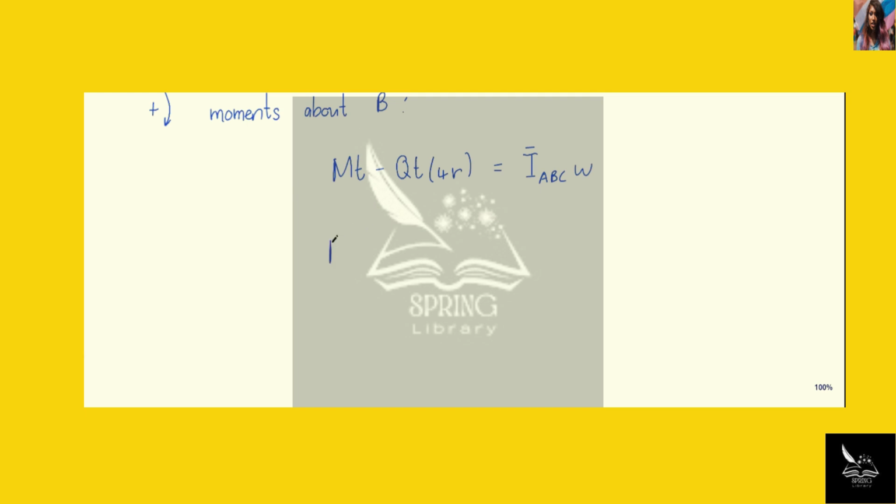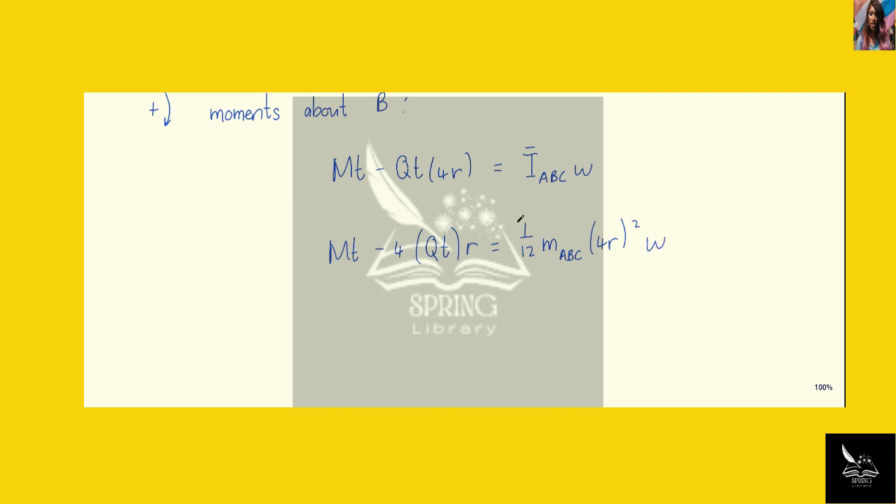We can simplify this and write MT minus 4, and we'll bring QT together, times R, is equal to 1 over 12. Like before, we're just writing down our mass moment of inertia for the rod, 1 over 12 M ABC, 4R all squared, times omega.